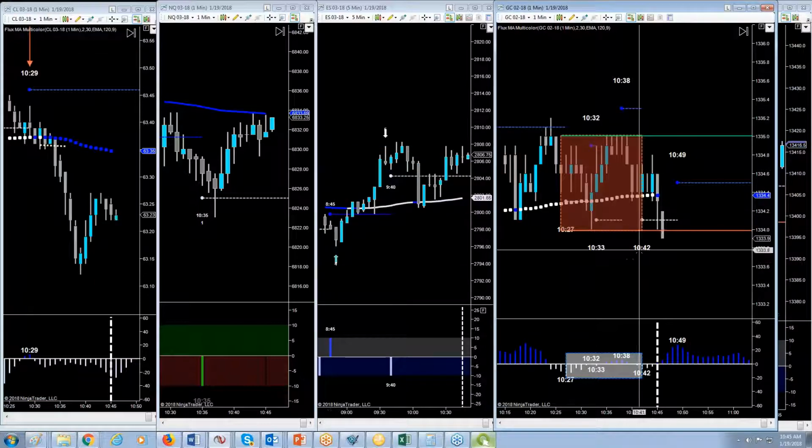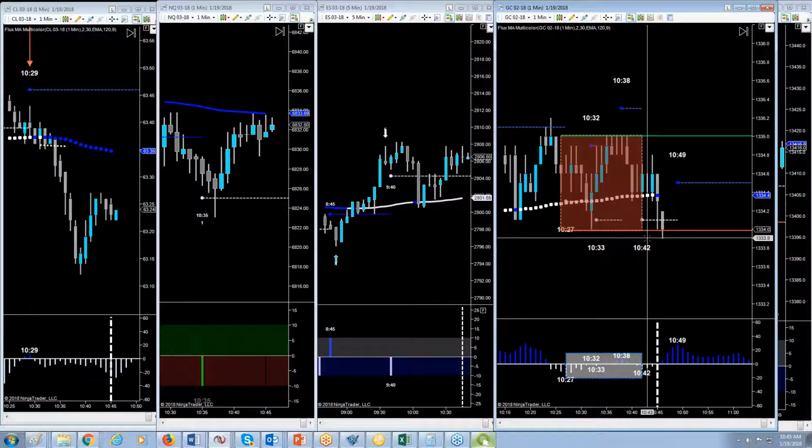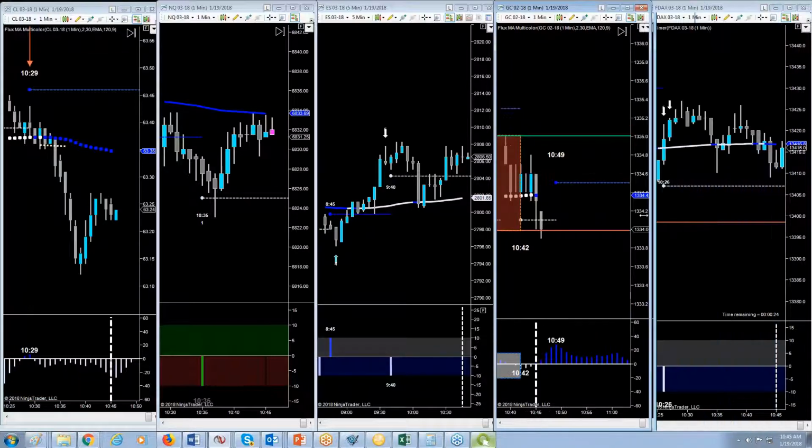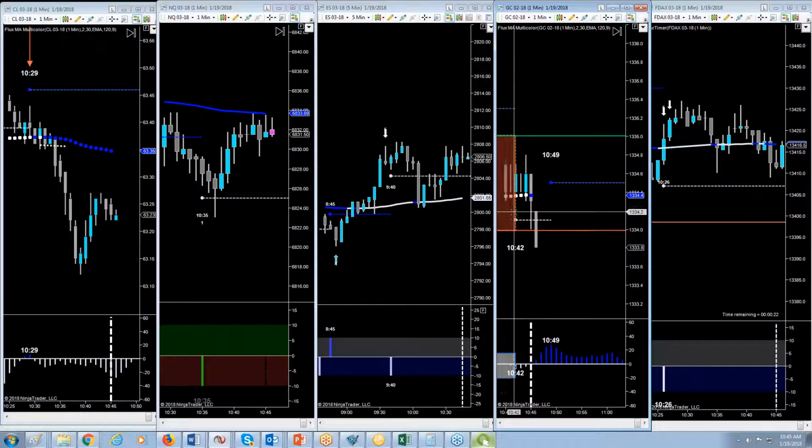Okay, so there's that first indication that they're punching below the moving average on gold. So let's watch and see what happens from that point forward, because now we're watching for gold to come 100% of the chop zone below.